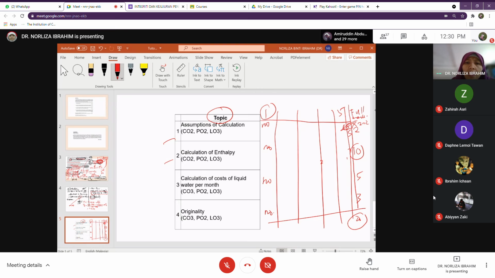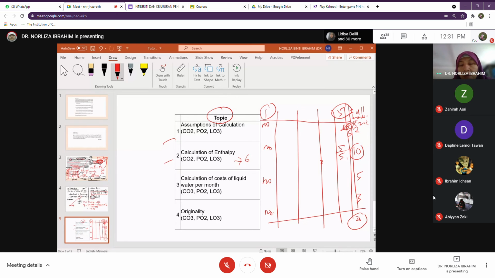I'm referring to the 5 scale. For example, calculation of enthalpy: let's say there should be 6 enthalpies to be calculated. If the calculation of all 6 enthalpies is shown, and not only shown but correct, then you get 5 over 5.